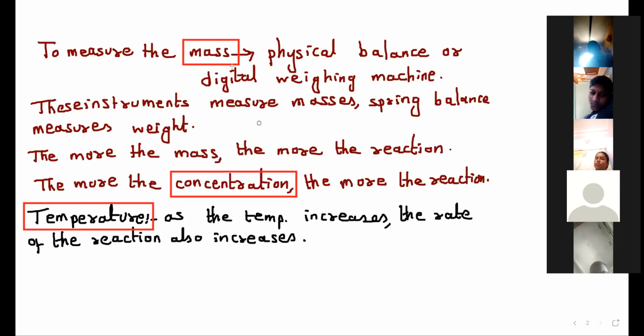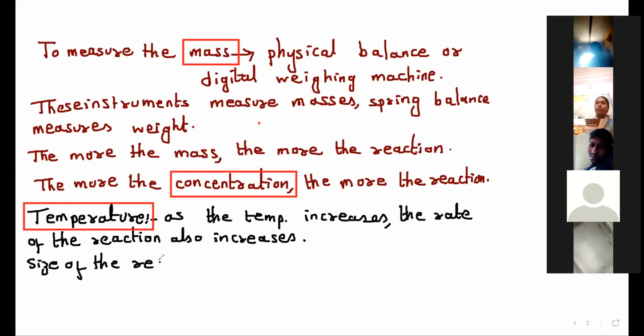The next one is the size of the reactants.